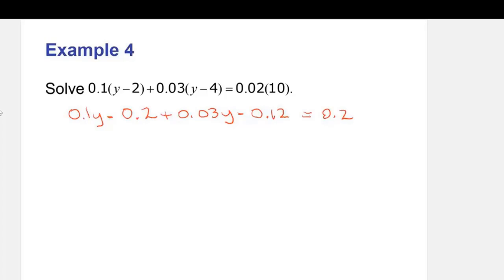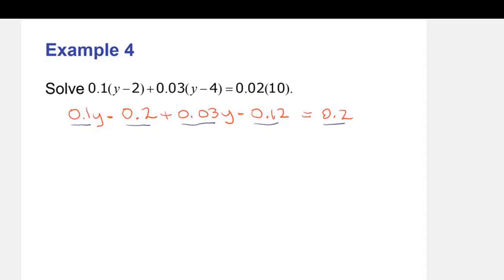Now, that looks kind of complicated. I look at my decimals. This is tenths, this is tenths, hundredths, hundredths, and tenths. Basically, a decimal point and one number after it, or a decimal point and two numbers after it.